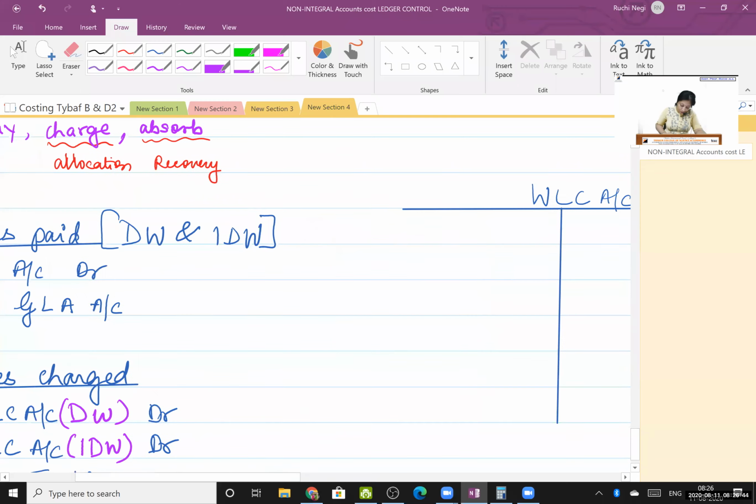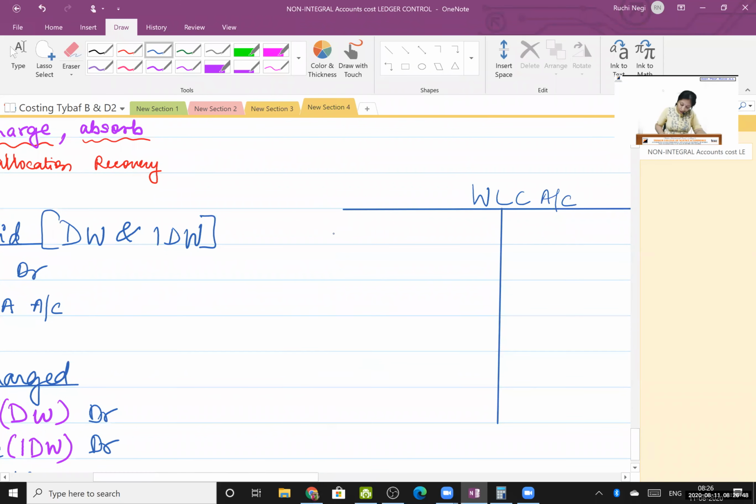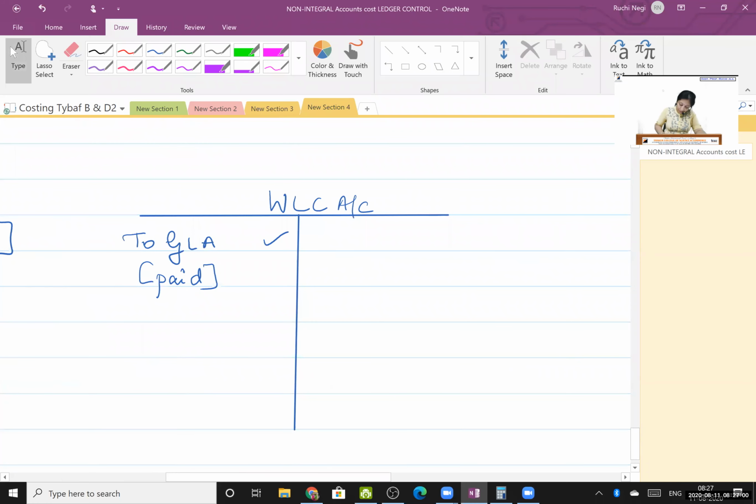So post this journal into ledger, wage control to GLA. So first write here to GLA. This is the paid entry. Then charge it. It will come here by WIP ledger control account, by factory overheads ledger control account.